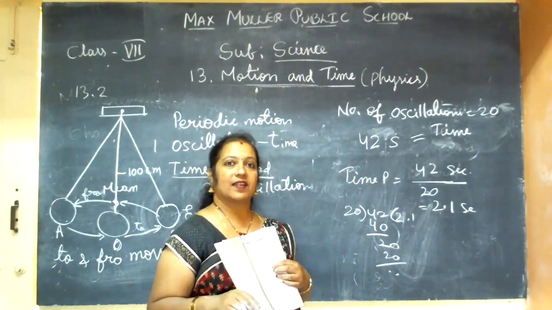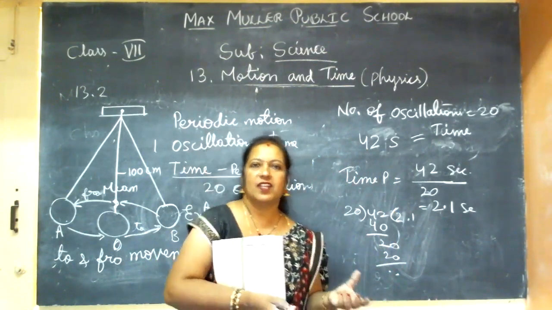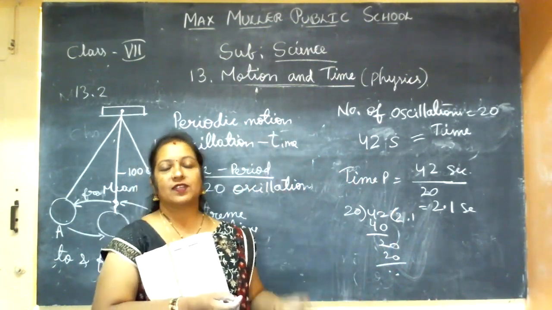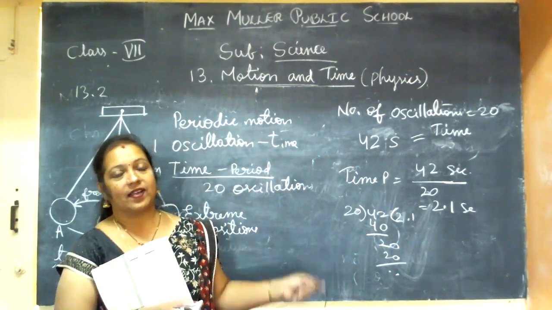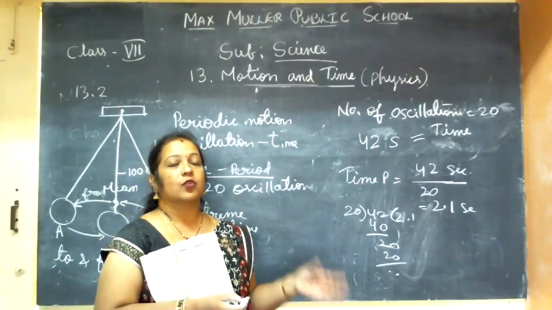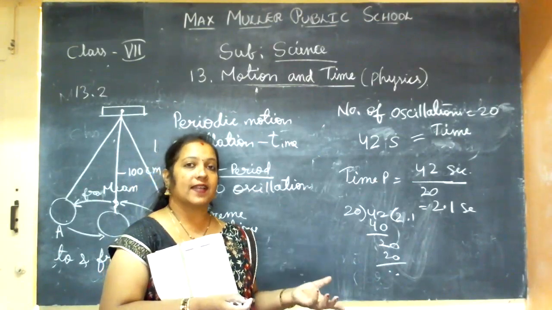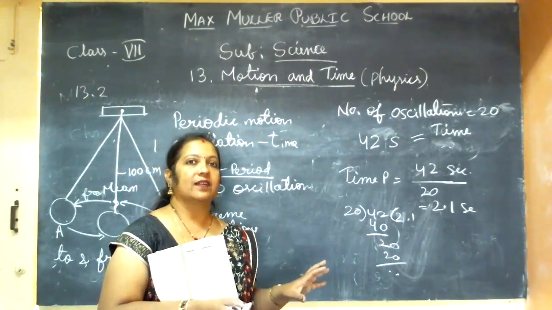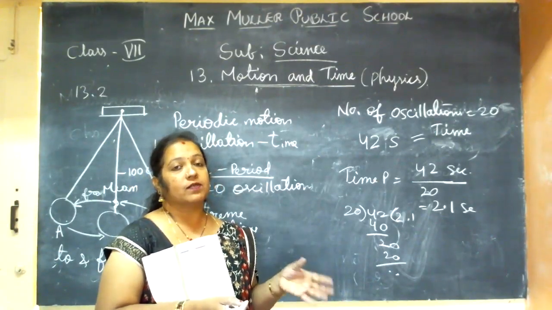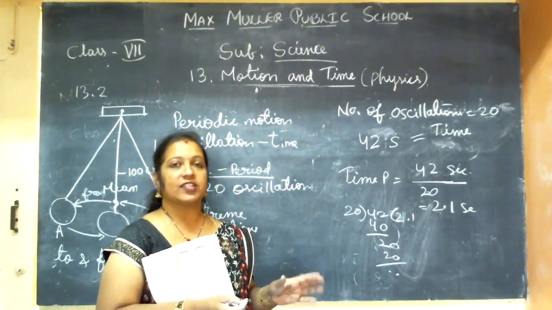One oscillation takes very little time, and 2.1 seconds is very short to measure directly. So we considered the time taken for 20 oscillations. Do that 2-3 times or 3 to 5 times and check it.